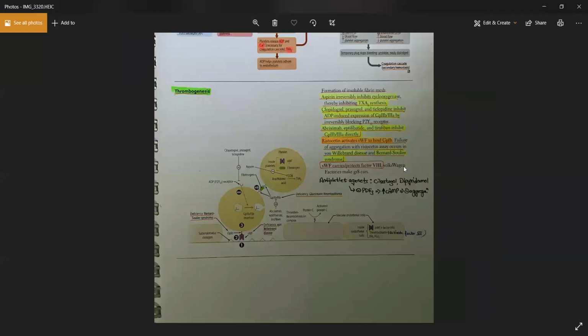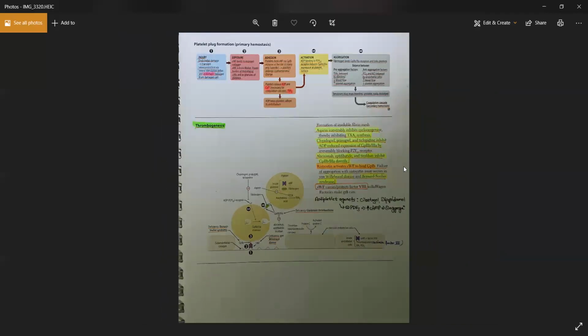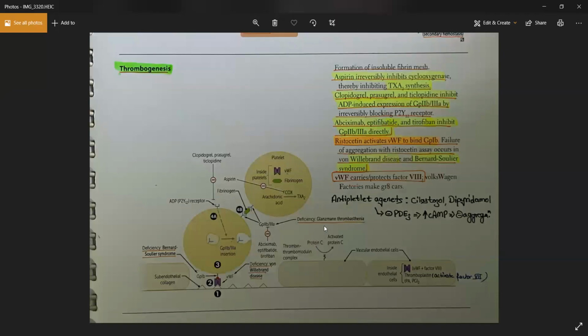And how can you differentiate between Glanzmann thrombasthenia and these disorders, von Willebrand deficiency and Bernard-Soulier syndrome? This is by the ristocetin test. If you give this drug, it activates the von Willebrand factor to bind to glycoprotein 1b. After giving this drug, if platelet aggregation happens, that means the glycoprotein 1b receptors and the von Willebrand factor are absolutely normal.